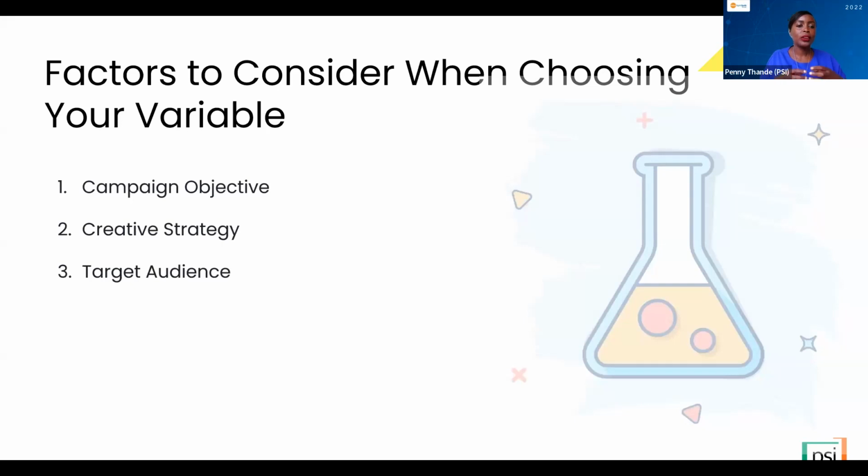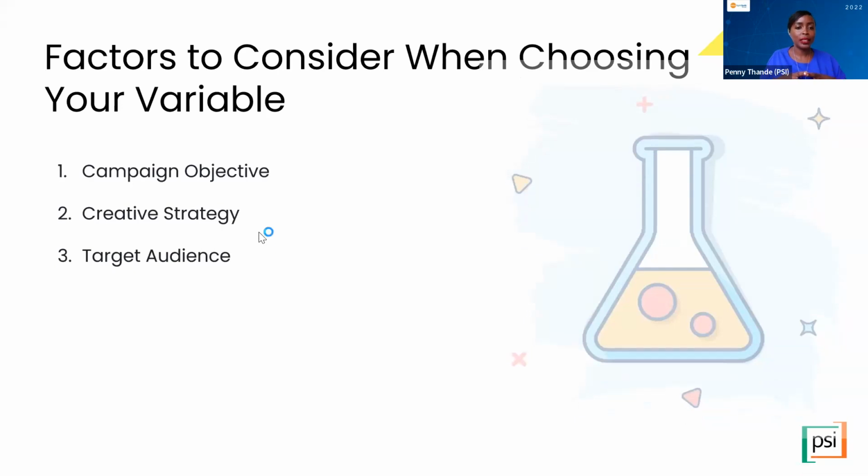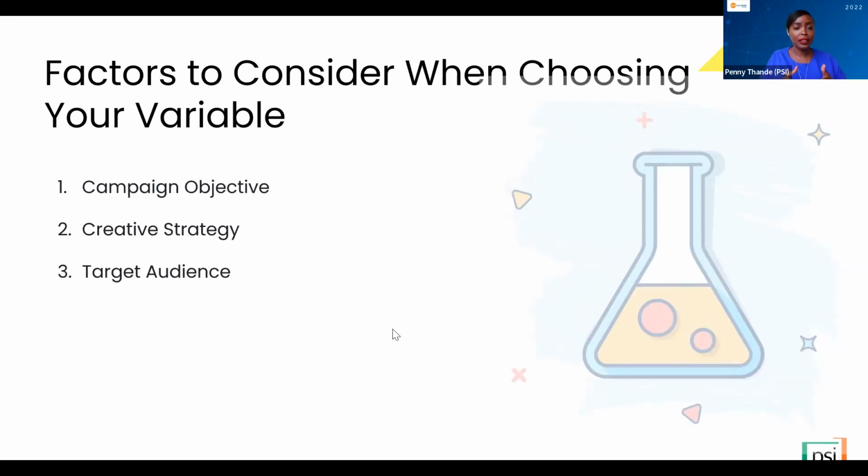Then, if you find that an illustration is working better, the agency could go ahead and spend the hours they're charging on, and work on the right creatives. So that's on the creative strategy. You need to consider that when choosing your variable.